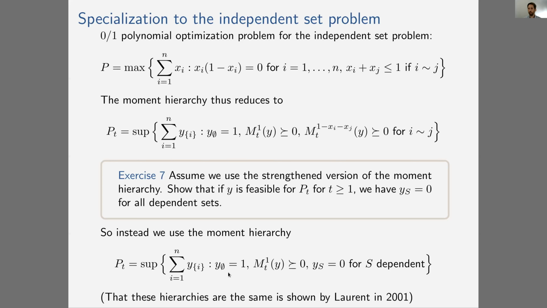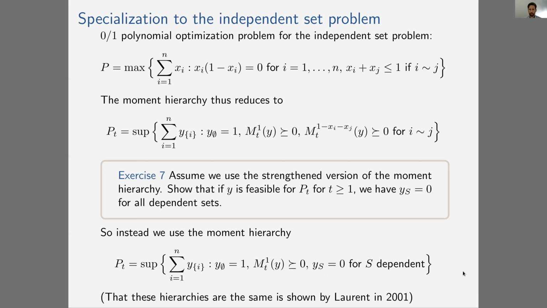You have the condition that the coefficients in front of the Gegenbauer polynomials are non-negative, which, if you plug in t equal to 1, corresponds to the condition that the moment matrix is positive semidefinite. And you have some inequalities: the function you build using these Gegenbauer polynomials has to be non-positive in a certain interval. That corresponds exactly to y_S being equal to 0 for dependent sets. So you can see a little bit how this looks like the Delsarte bound.